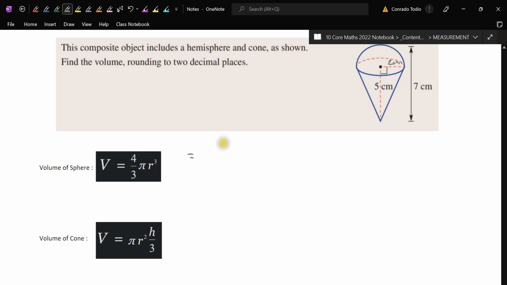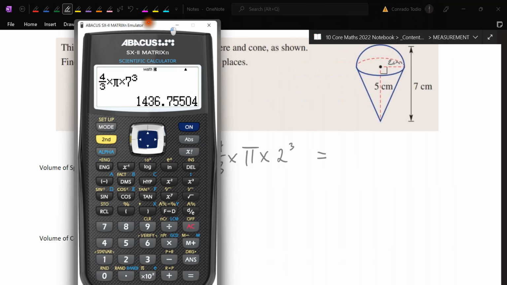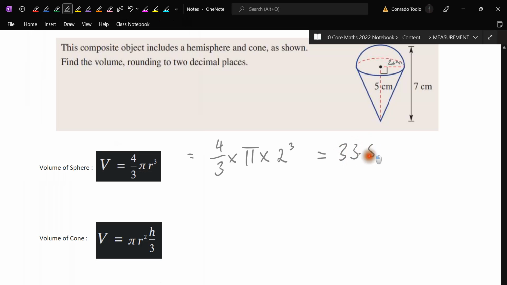This is going to be 4 over 3 times pi times a radius of 2 to the power of 3. Equals 33.51. So that's the top one.